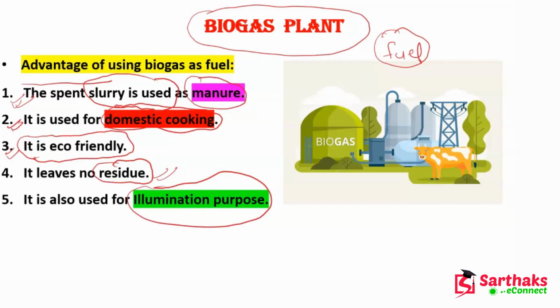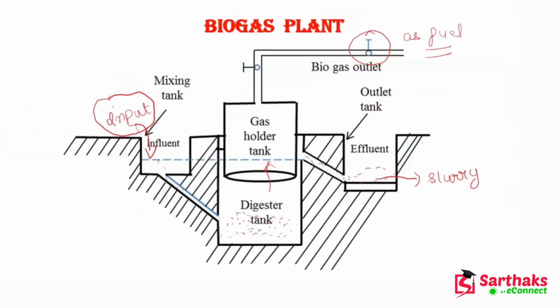So basically the biogas plant is nothing but a plant in which we use cow dung or the wastage material of animals to produce energy. We send it to this digester tank, and in this digester tank bacteria are present.